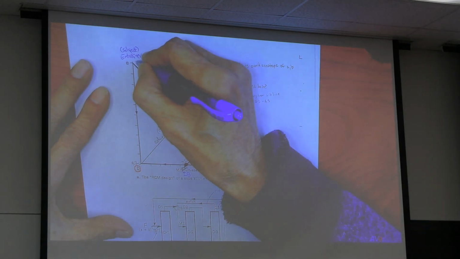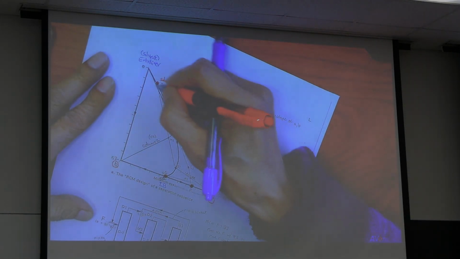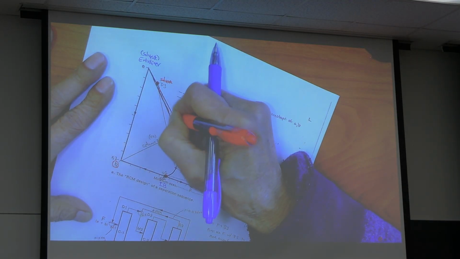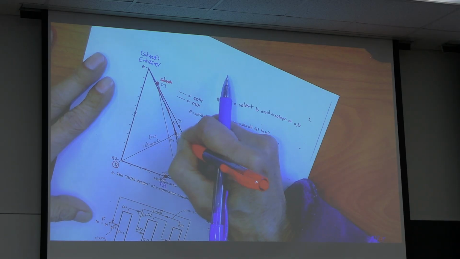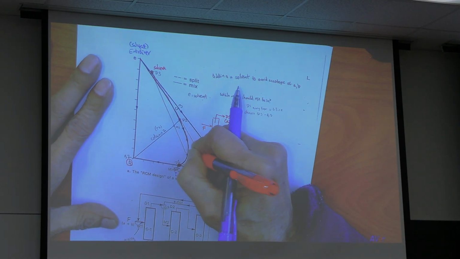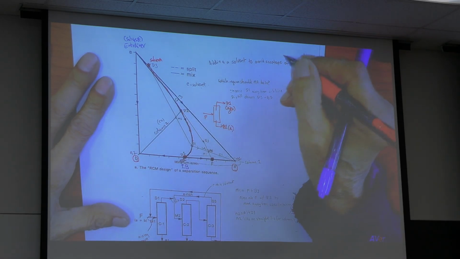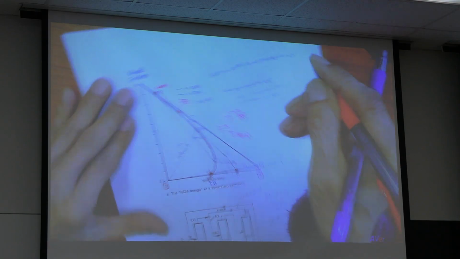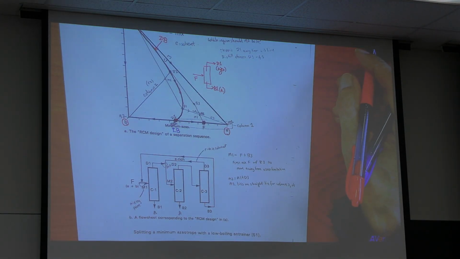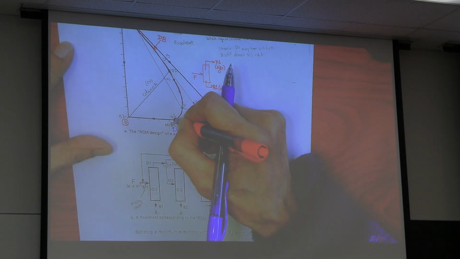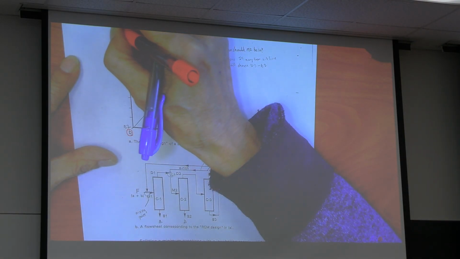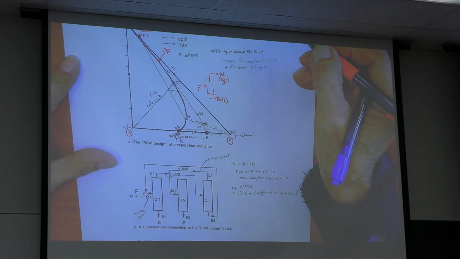And the problem is, this is a distillation boundary. Okay, this is the distillation boundary. Low boiler, intermediate boiler.